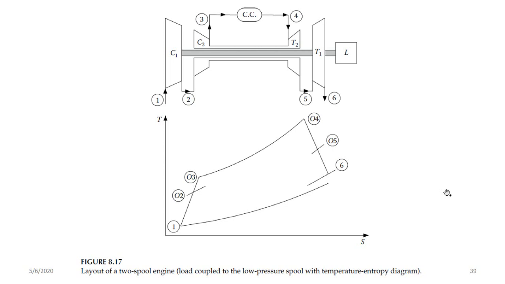And from here, you can tell that the first turbine, the high pressure turbine, is the one that drives the first compressor and the load. And the second, the low pressure turbine, will drive the high pressure compressor. And you've got its TS diagram.